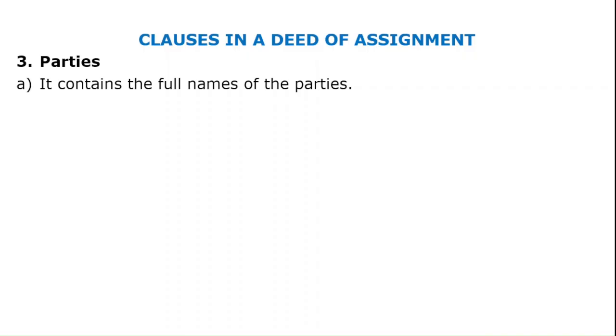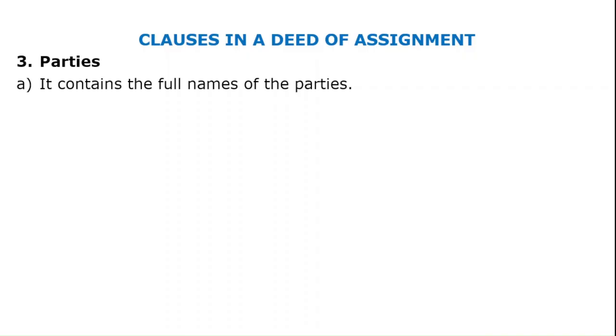How would you know their full name? Their full name is as contained in the scenario given to you already. So you are not trying to look for what the full name is. Their full name has been supplied. But the caution is that you should not abbreviate. What if they have an alias? Maybe somebody is also known as so and so. You can include it. The whole issue is so that in that particular deed of assignment, you can know that these are the parties involved.